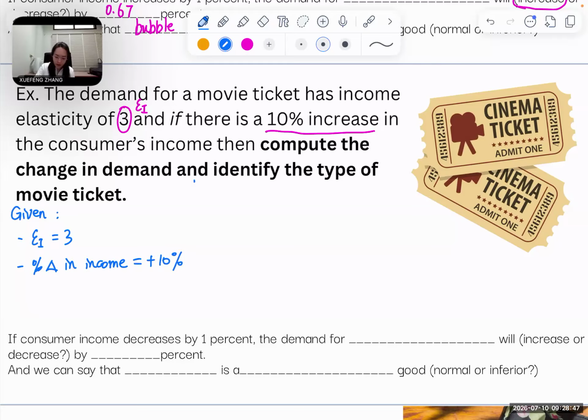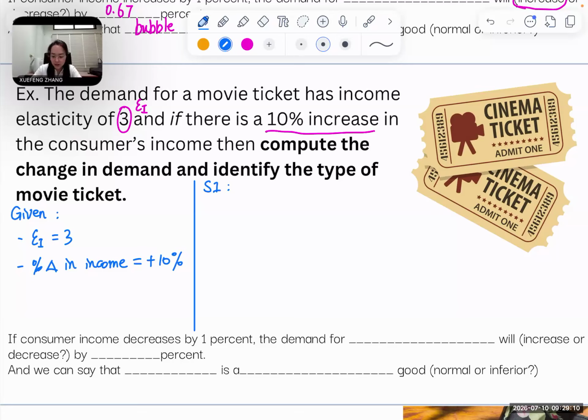So this is the information that you are given. And then the first step, basically you need to find the percentage change in quantity because we have the percentage change in income here.